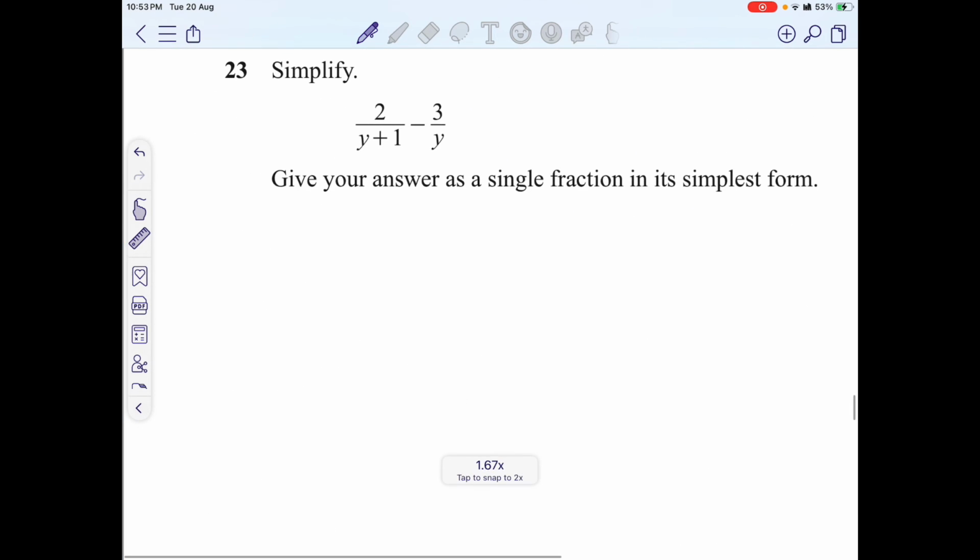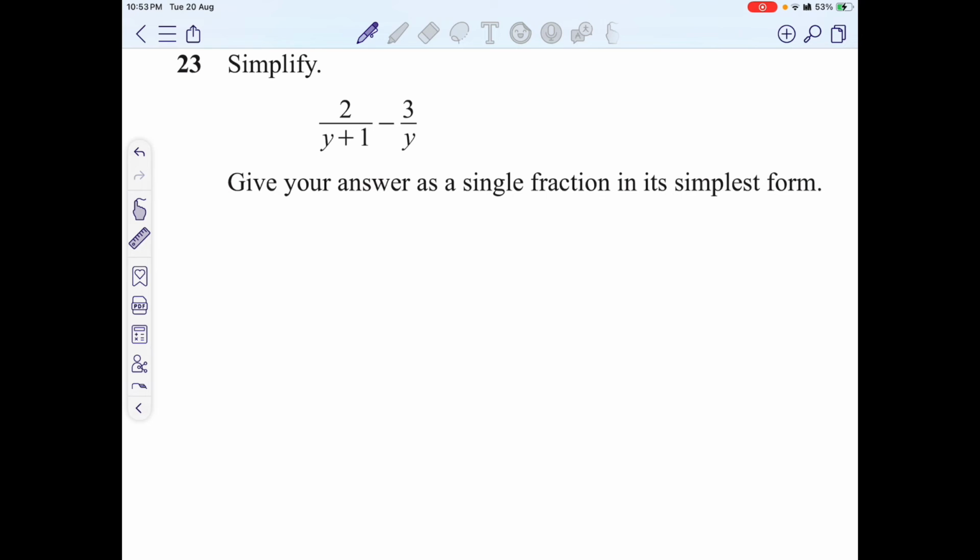Moving on, it says simplify and give your answer as a single fraction in its simplest form. I'm going to do the butterfly method. So 2 into y is 2y, minus 3 into y is 3y, and negative 3 into 1 is negative 3, over y into y is y squared, and y into 1 is y.